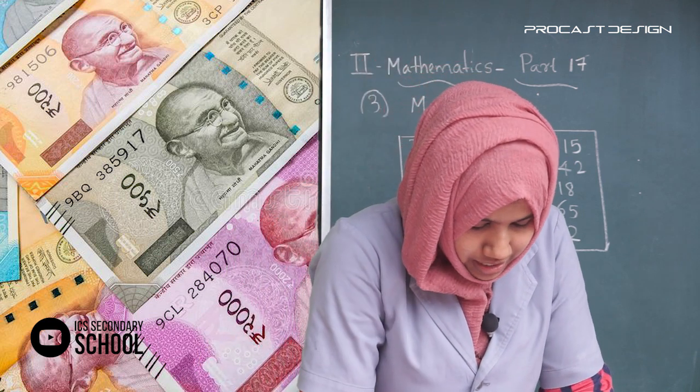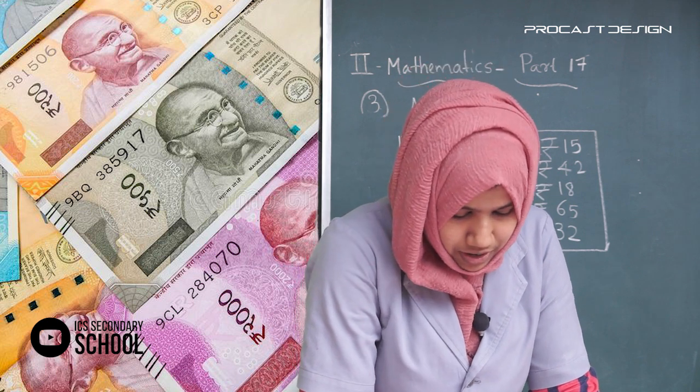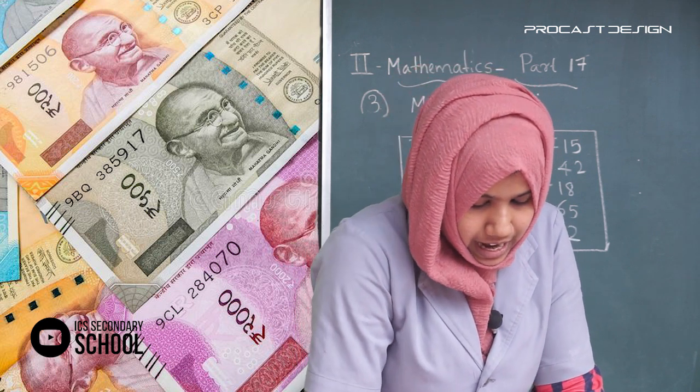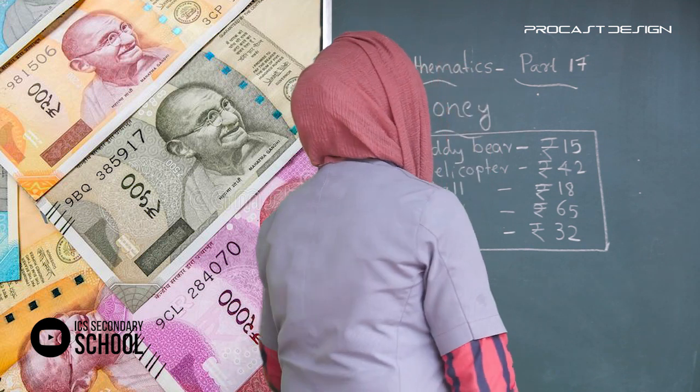So first question is: a ball costs 18, a car costs 65. Add and find the total cost.